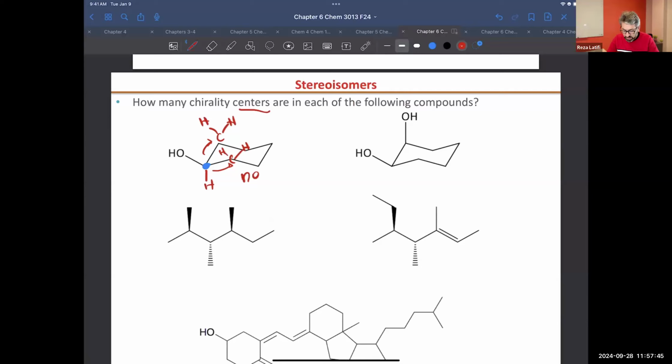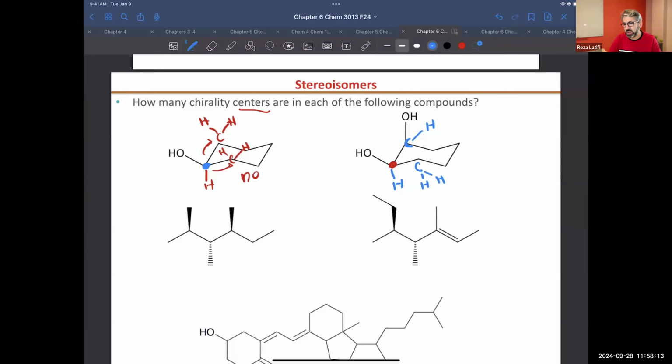How about here? If you look to the right side, you have carbon, you have OH, and here there is a hydrogen. And what's the fourth one? Again, you see a carbon. But what's the difference between those two carbons? This carbon has two hydrogens, and that carbon has one hydrogen and one OH.